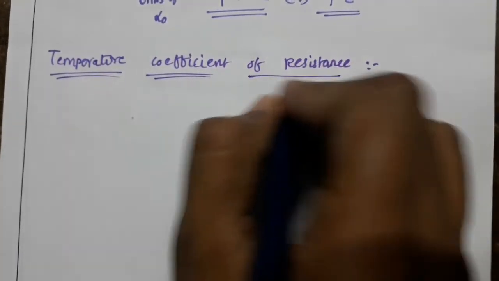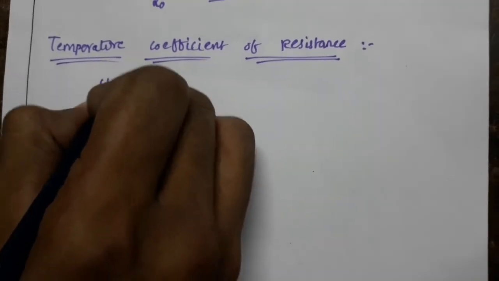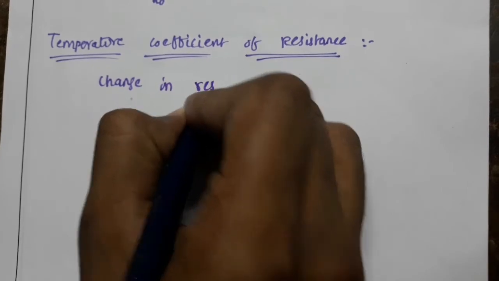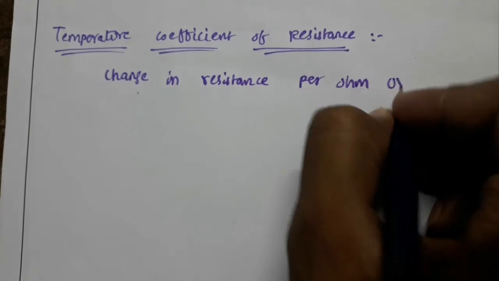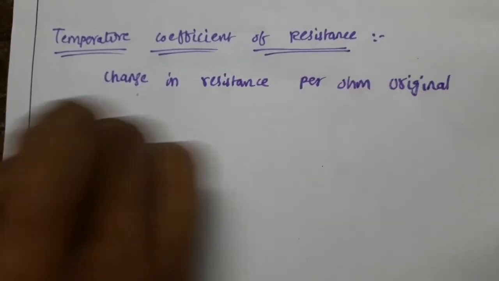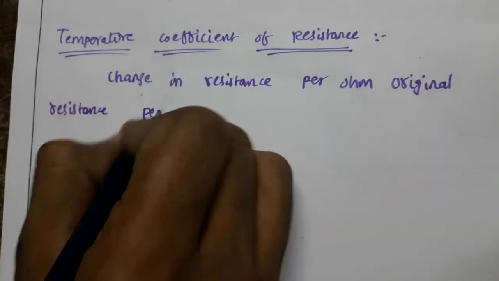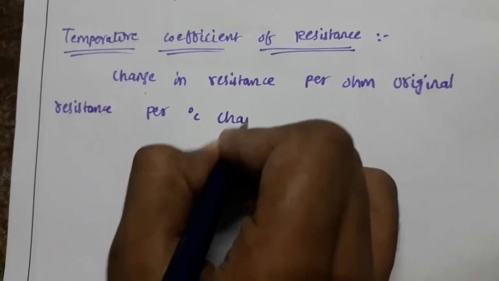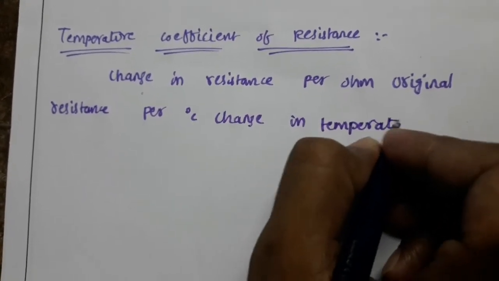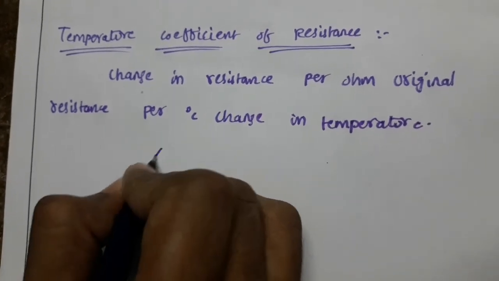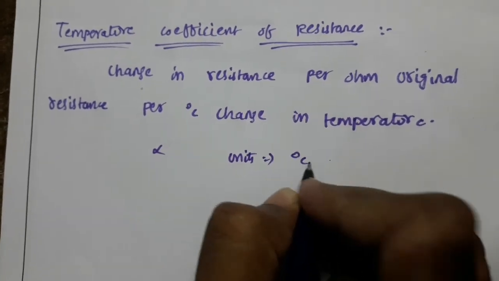It is defined as the change in resistance per ohm of original resistance per degree centigrade change in temperature. It is denoted by alpha. Units are per degree centigrade.